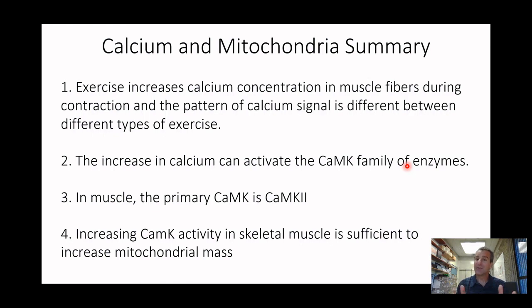And these CAM kinases can maybe transduce the signal of exercise into a biochemical signal that's going to cause adaptation. In muscle, the primary CAM kinase is CAM kinase 2. It acts as an oligohexamer. So 6 subunits have to come together to form the active enzyme. But when any CAM kinase is active in skeletal muscle, activation of CAM kinase is sufficient to increase mitochondrial mass.